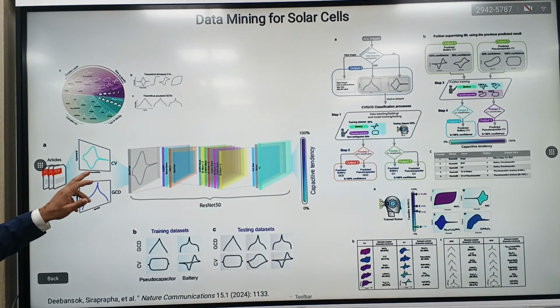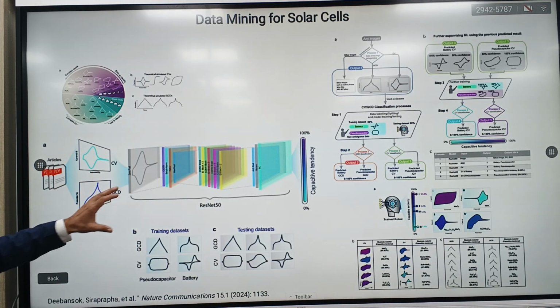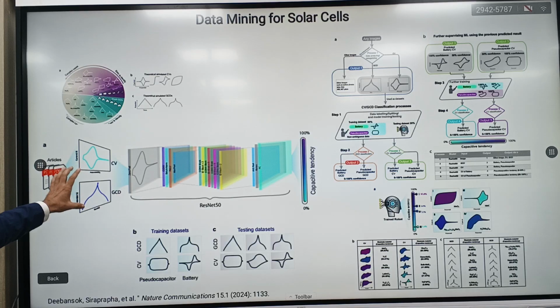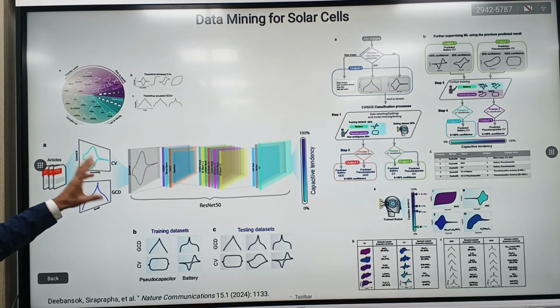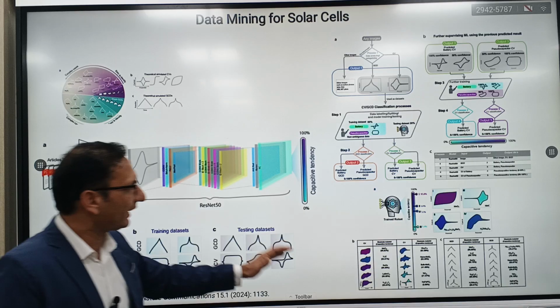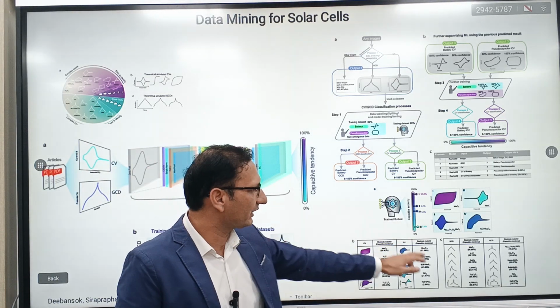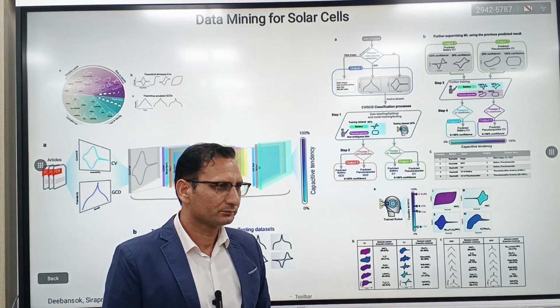Here is a paper that is also on machine learning using data mining. You see that there are a lot of images, and Professor Zishan used this kind of spectroscopy analysis in his research. Using these 1,000 images, he identified that this material is better and this material is not better.